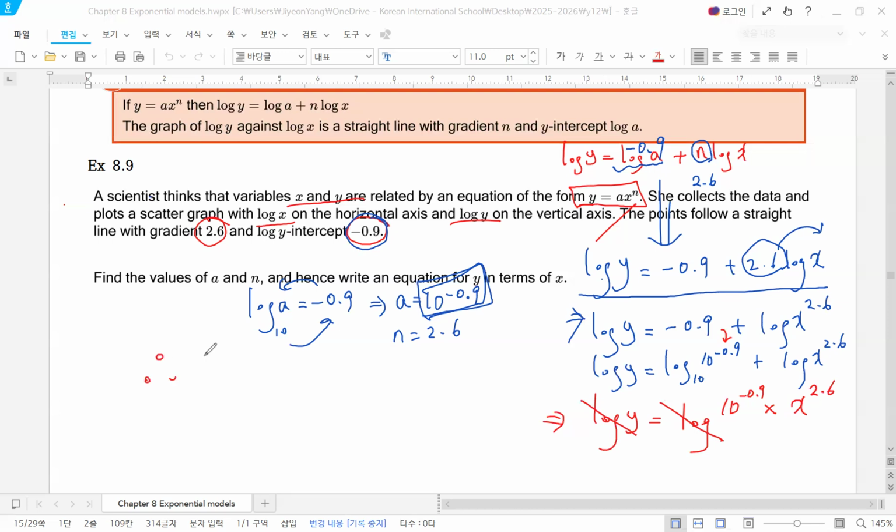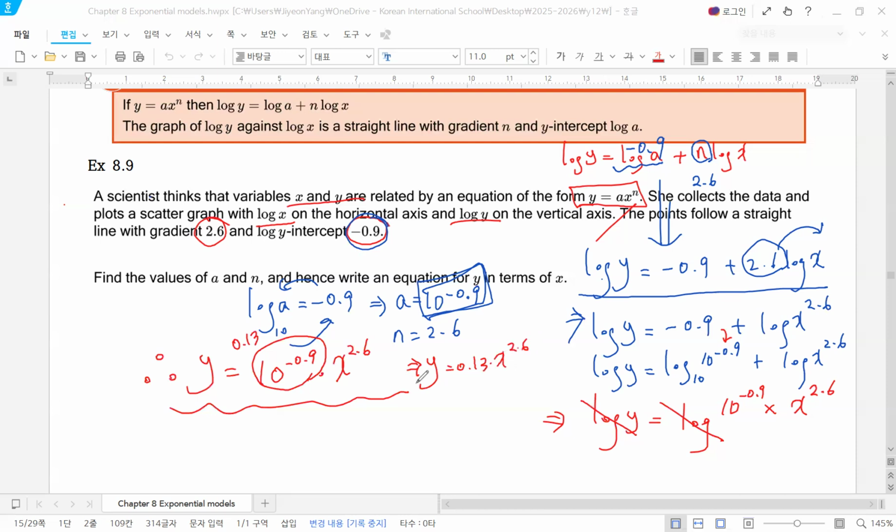Therefore, y equals 10 to the power of negative 0.9 times x to the power of 2.6 is the original model. And then you should estimate this number by using your calculator, students. 0.13. So it's y equals 0.13 times x to the power of 2.6 is the answer.